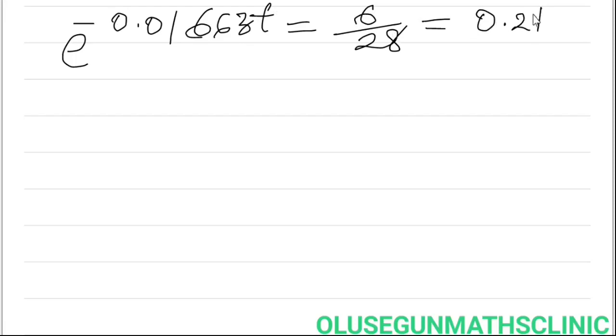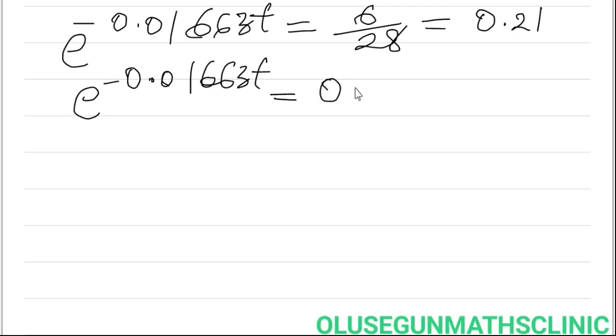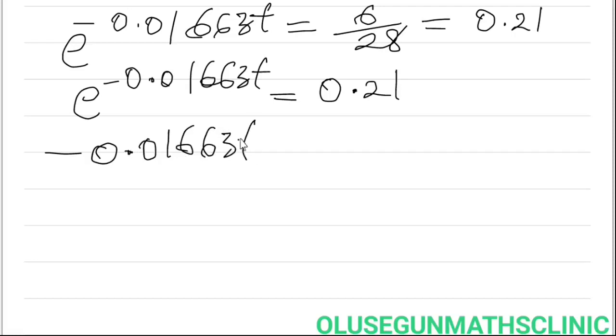So exponential minus 0.01663t is equal to 0.21. Therefore, minus 0.01663t is equal to ln 0.21.